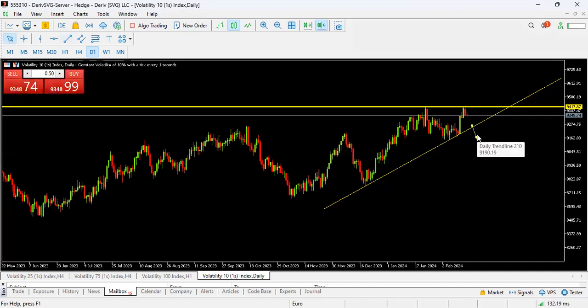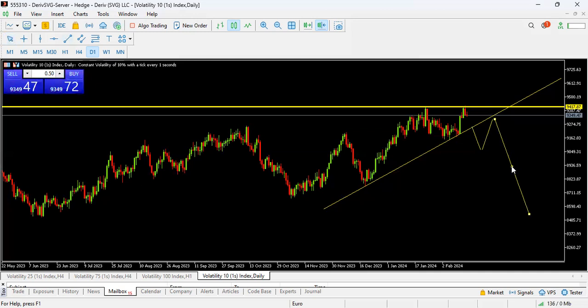It has to come down like this, come in, then come up most likely. All right, then it will give you a push down.